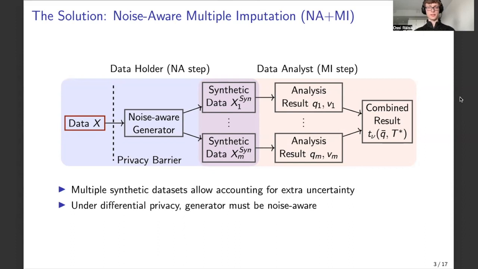The idea there is that you generate multiple synthetic data sets, analyze all of them like you would analyze the real data, and then combine the results with so-called Rubin's rules, which then allow you to compute, for example, confidence intervals. Generating multiple synthetic data sets and getting multiple analysis results is important because they allow the combining rules to account for the extra uncertainty from generating synthetic data.